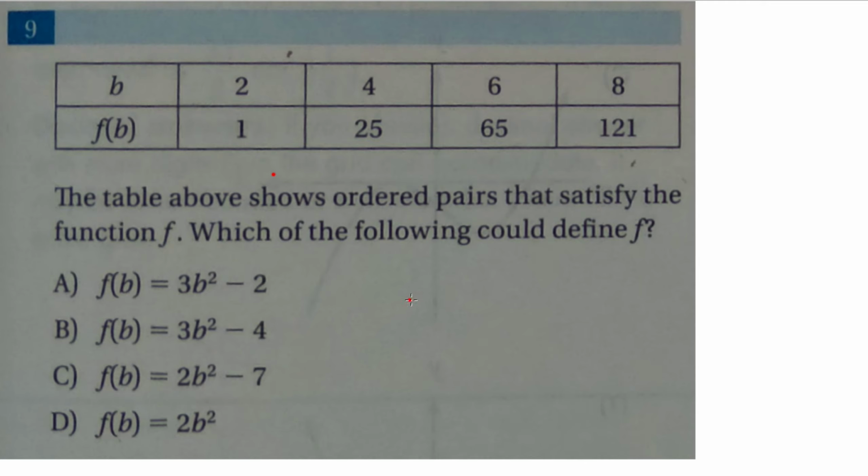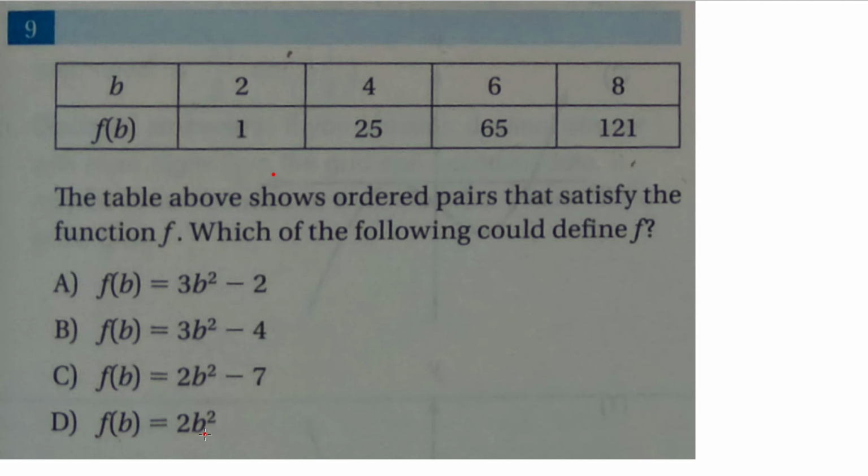When we apply the elimination method, we usually take the simple expression first before going into the complicated ones. So here, letter D is the simplest form of function rule.